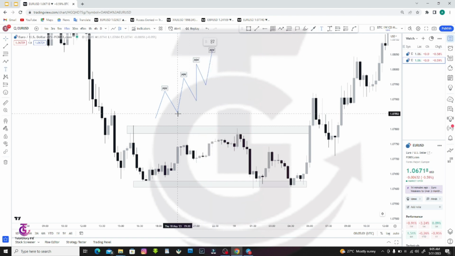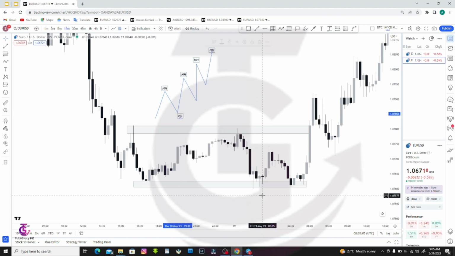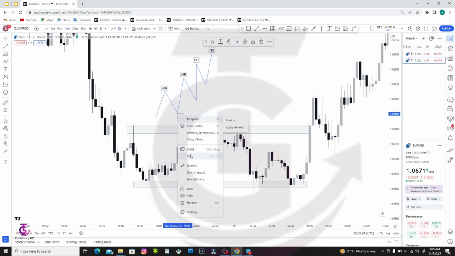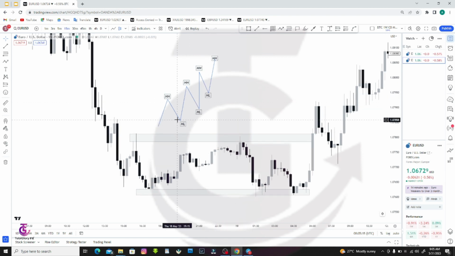Why is this low known as a higher low? Now, looking at this structure, this is an uptrend market, a bullish market.